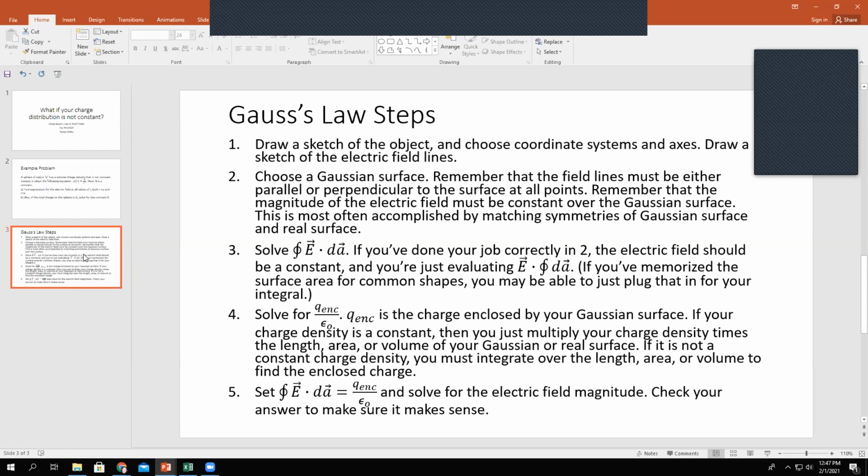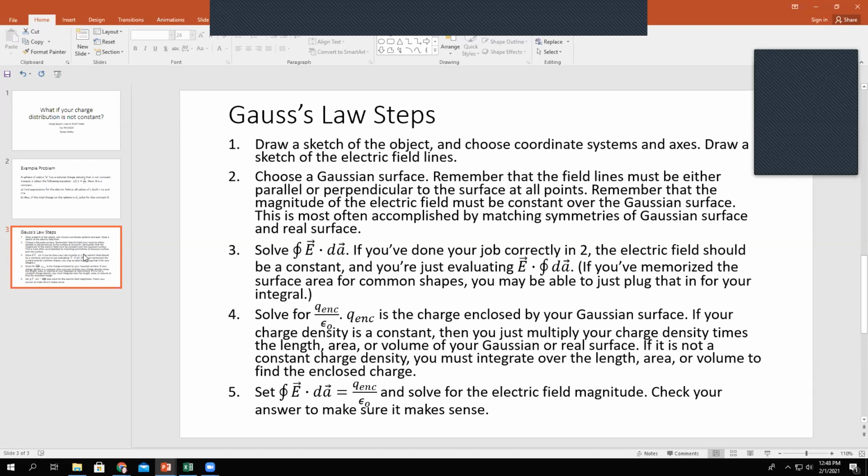I'm going to draw a sketch of what I think the electric field lines might look like. I don't have to have it correct or perfect, but I want to make sure I have the directions of the electric field lines right at the points in question. Based on my sketch, I'm then going to choose a Gaussian surface.